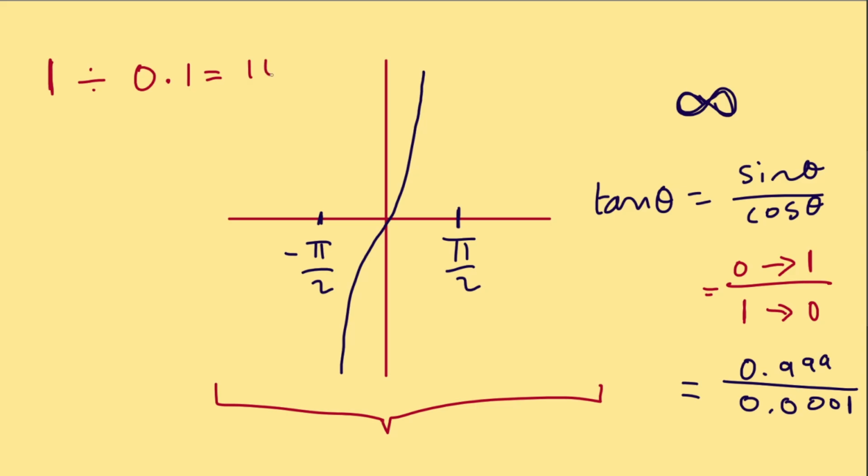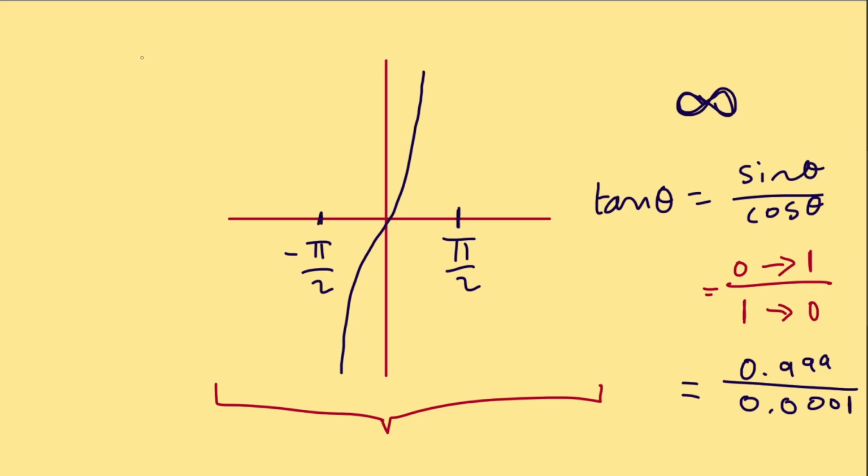It gets bigger. So imagine you have a number and you divide it by an insanely small number. This number is going to be huge. It's going to be insanely big. And it's actually impossible to get to pi over 2 because at that point the number becomes infinity. So that's kind of why the graph shoots up like that. It's not going up exponentially, but it is going up extremely quickly.